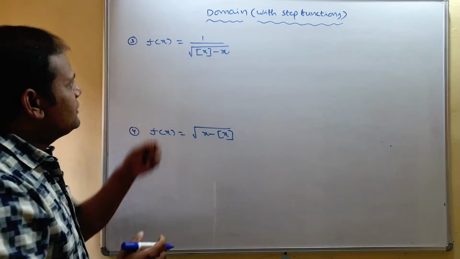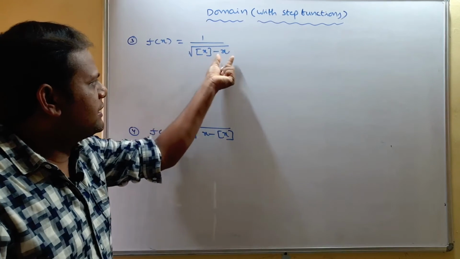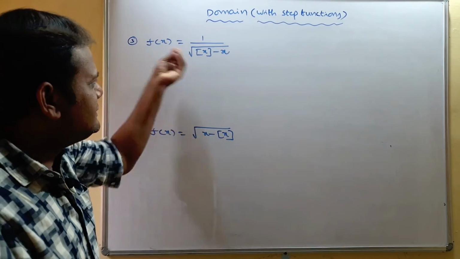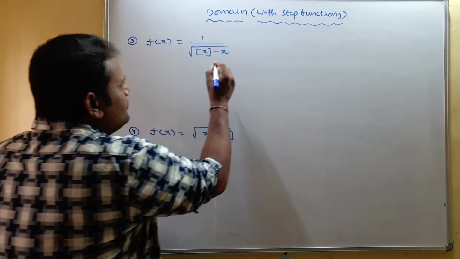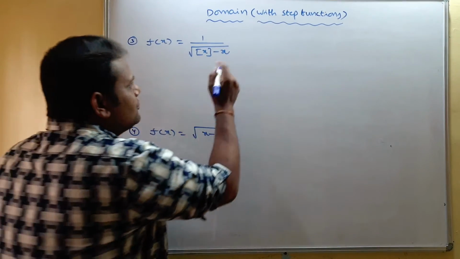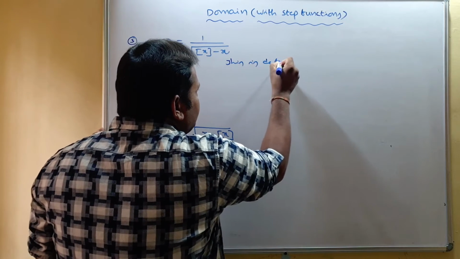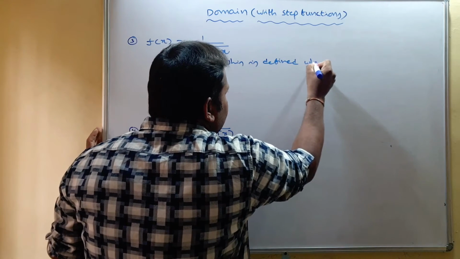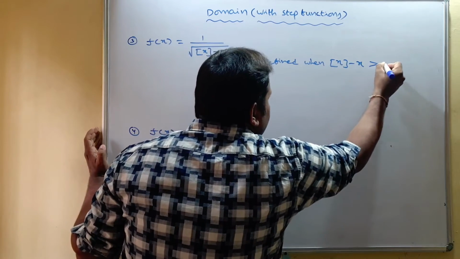Moving to next, f of x equal to 1 by square root of ([x] minus x). See here, you know that the square root is there in the denominator, so this is defined only when [x] minus x is greater than 0.